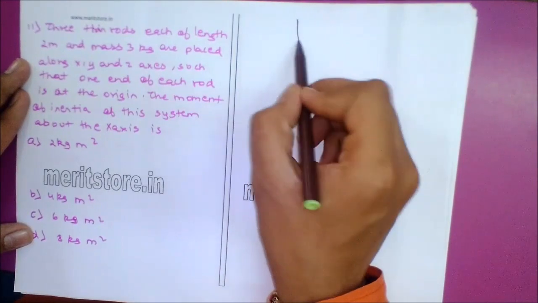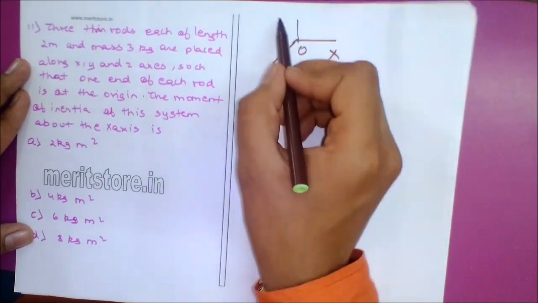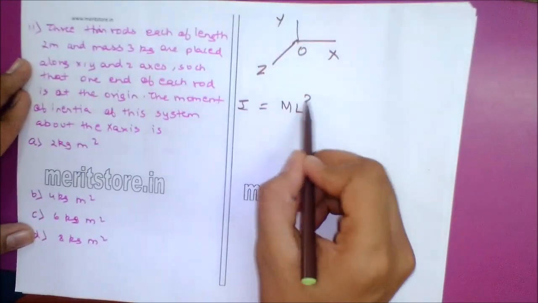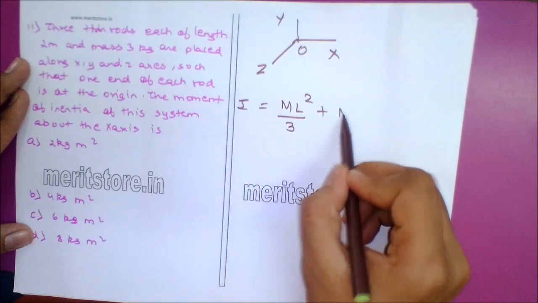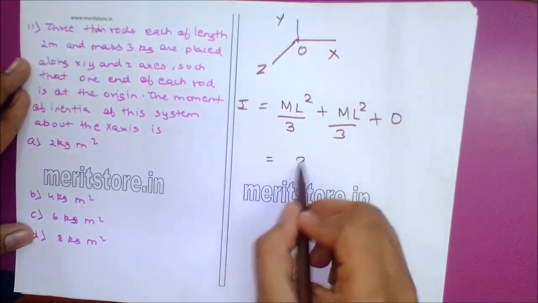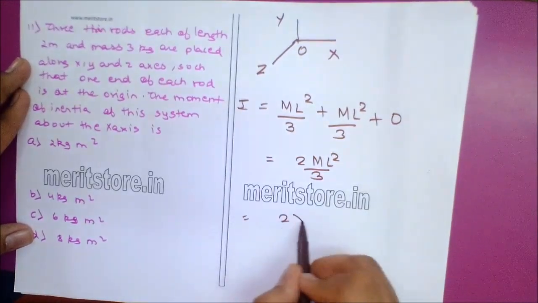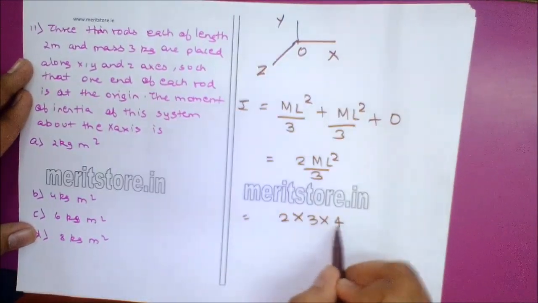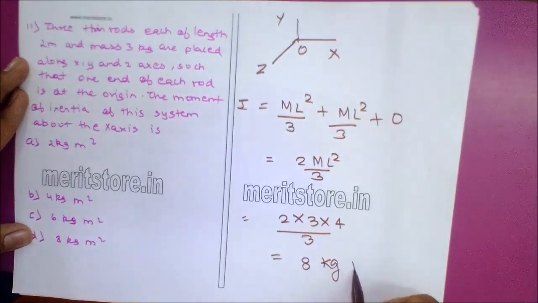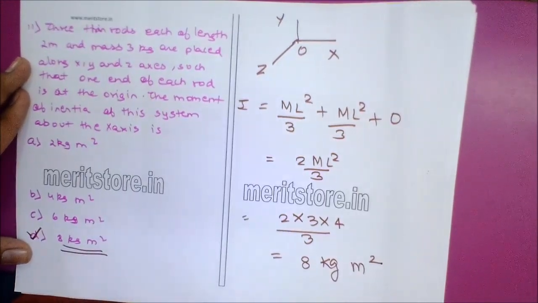Now, understanding the question, I is equal to ml square upon 3 plus ml square upon 3 plus 0, which gives us 2 ml square upon 3. Substituting the values, 2 into 3 into 4 upon 3, which is equal to 8 kg meter square. So option D, 8 kg meter square is the correct answer.